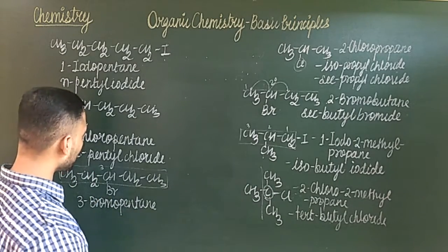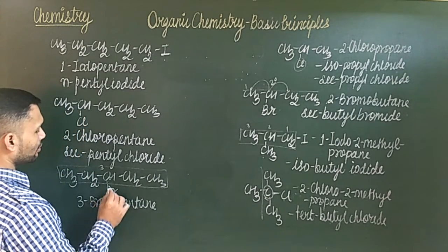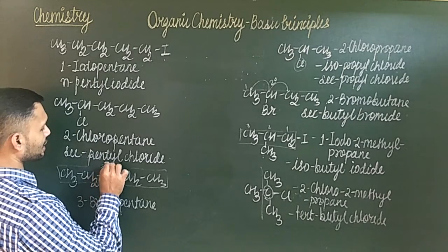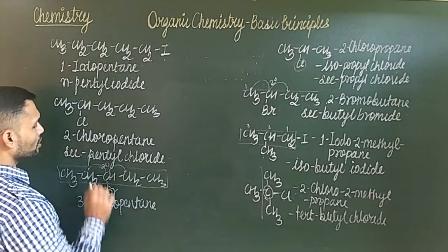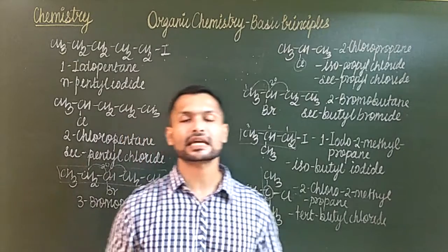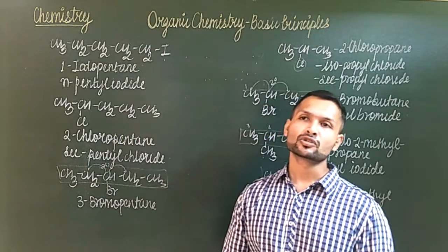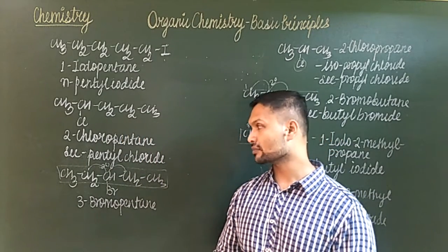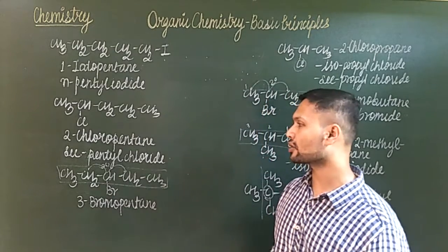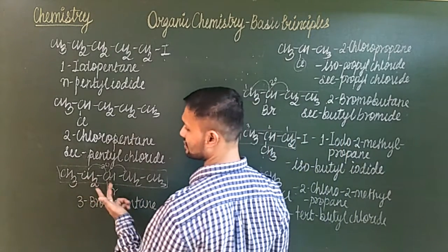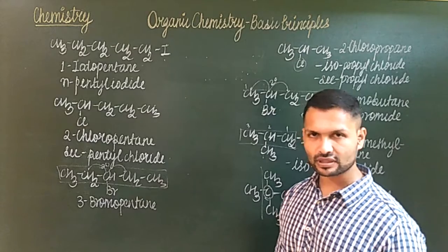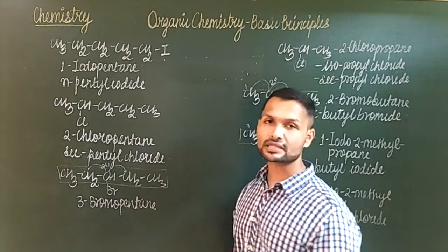But now even this carbon technically is a secondary carbon where it is attached to 2. So if we say it as sec pentyl halide, it actually means which secondary carbon we are talking about, either this or this. So it is not conclusive as far as the common system goes.